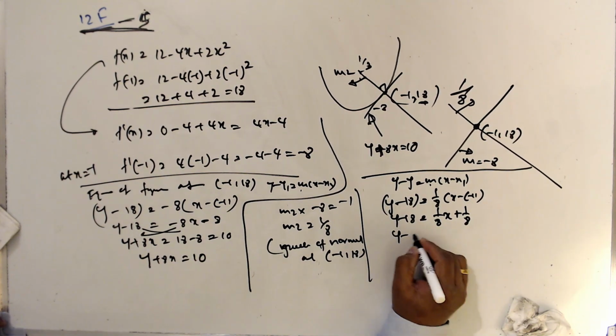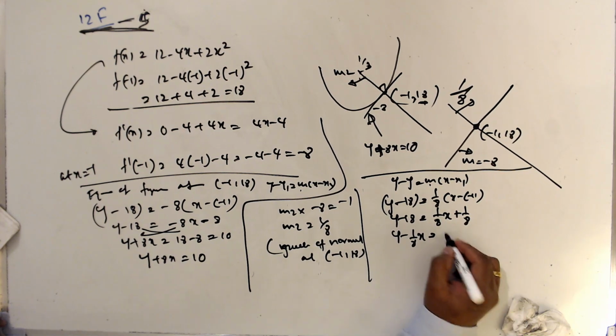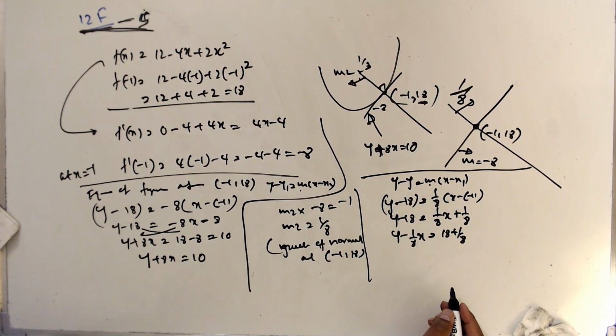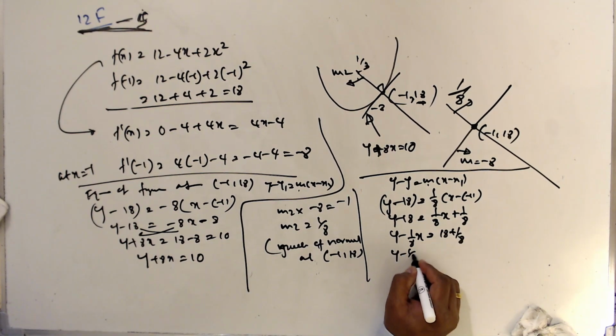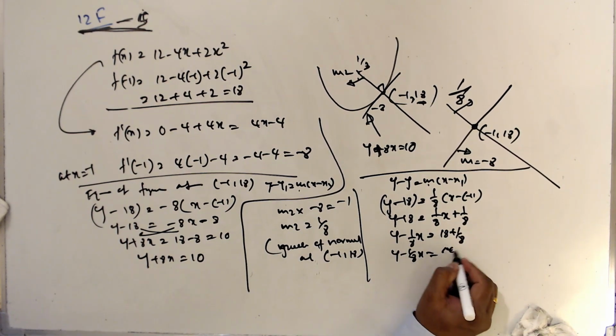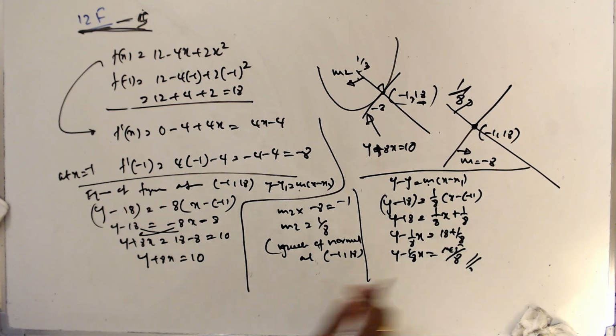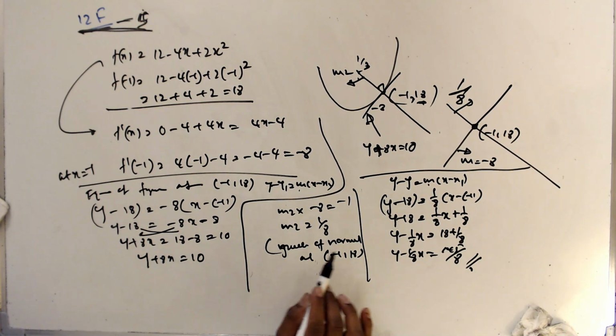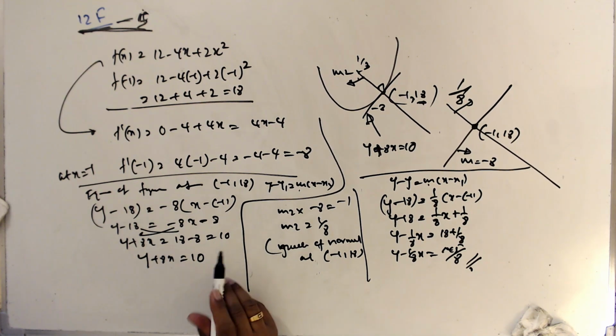So y minus 1 over 8 x equal 18 plus 1 over 8. So y minus 1 over 8 x equal 145 over 8. I believe my calculation is right. If not, the method is right.